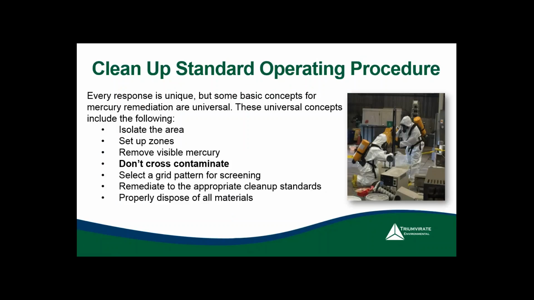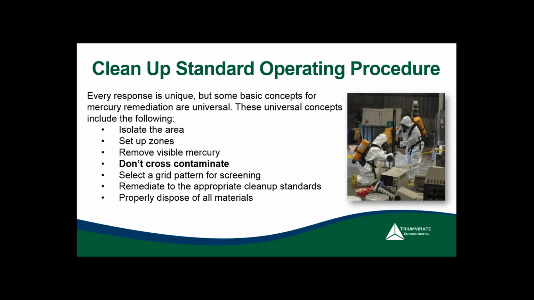So every response is unique, but some basic concepts for mercury remediation are universal. These universal concepts include the following: isolate the area and prevent access from anybody who is not involved in the cleanup, set up zones, the hot zone and the decontamination zone, and remove visible mercury, and that leads into don't cross-contaminate.